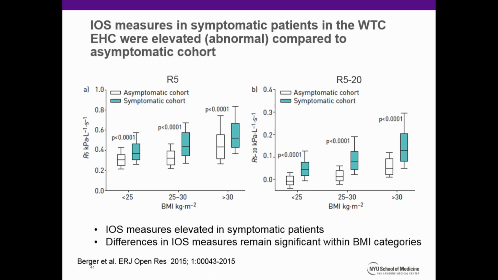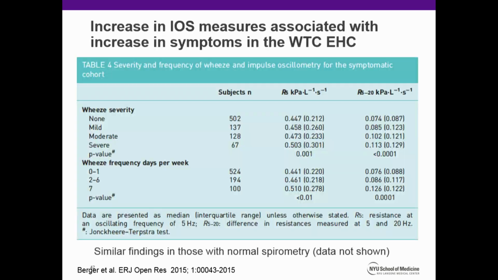We also stratified it by BMI, because we know that BMI will really impact your IOS measure. And despite that, one can see that our symptomatic patients repeatedly had higher levels than our asymptomatic patients. This was in our patients with normal or preserved spirometry, as well as those with abnormal.